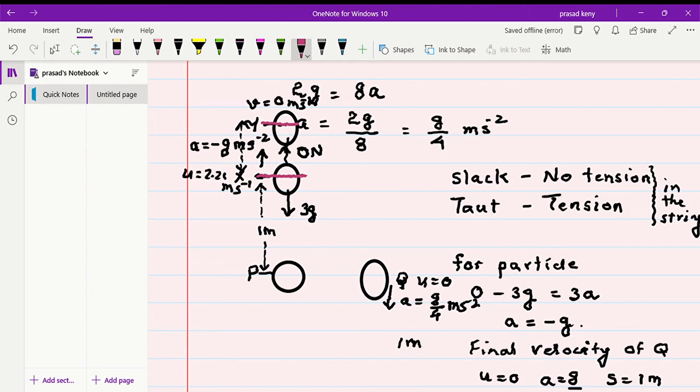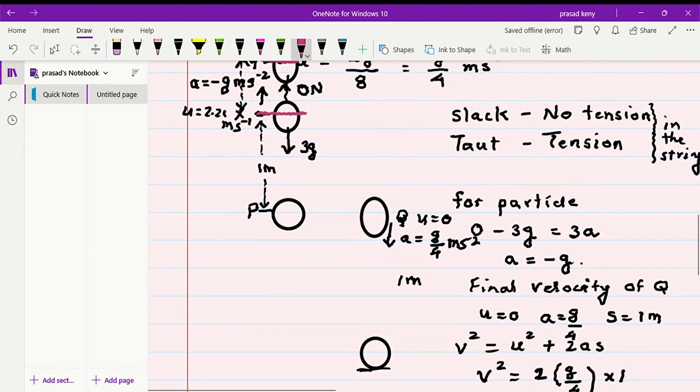So keep this concept, try to understand this concept here, because the string is light and inextensible, the acceleration of both the particles is the same. Both the particles are released from 1 meter above the ground. Since Q's weight is higher, it will accelerate down, and because the string is taut, with uniform tension, P will accelerate up.